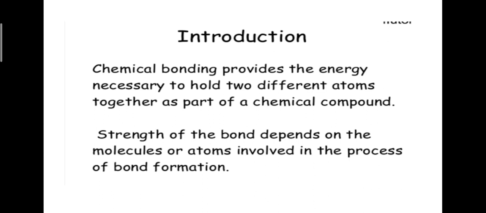Chemical bonding provides the energy necessary to hold two different atoms together as part of a chemical compound. The strength of the bond depends on the molecules or atoms involved in the process of bond formation. The types of bonds present in a compound are largely responsible for its physical and chemical properties. A chemical bond is said to form between two atoms when they are held together in a molecule. As I've explained before, and as you've been reading since class 6, two elements combine together to form a compound.